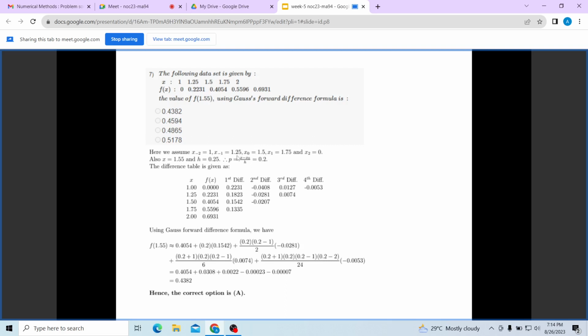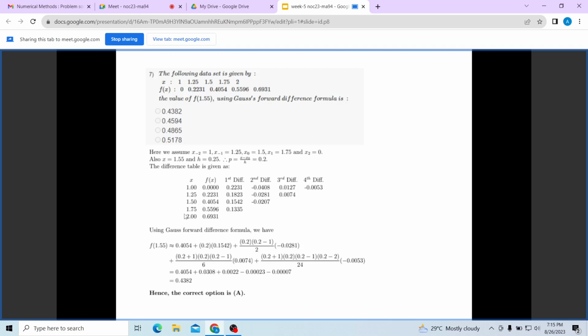Then x minus 1 will be 1.25, x minus 2 will be 1, x1 will be 1.75, and x2 will be 2. Now calculate p. It will be x minus x naught by h. So x is 1.55 minus x naught, that is 1.5, divided by h, the difference, which is 0.25. So you'll get 0.2.